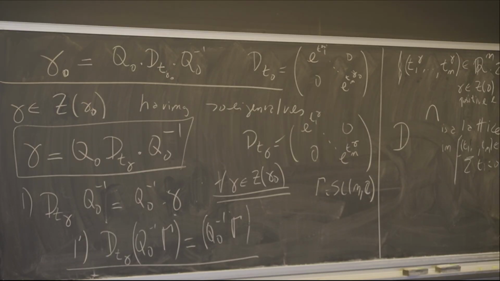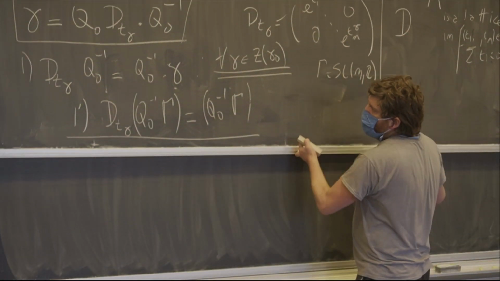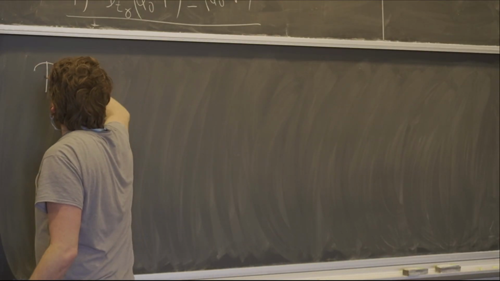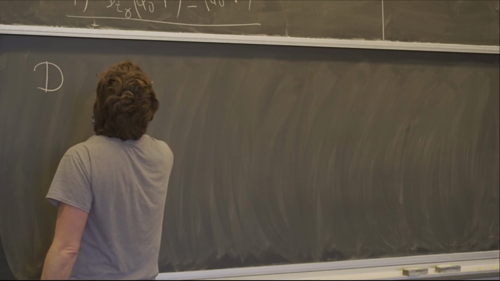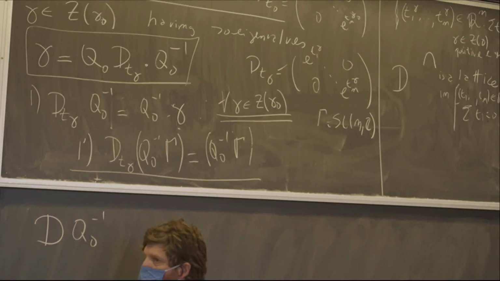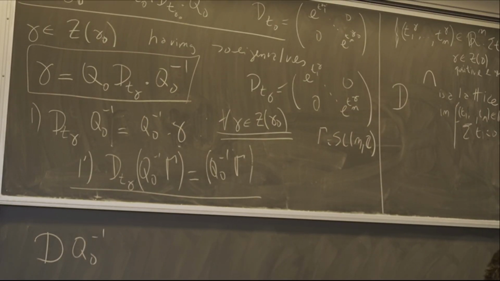Okay, once this is a lattice, I get exactly what I wanted. So I take D times Q naught inverse. So I apply the D group to this guy times gamma.